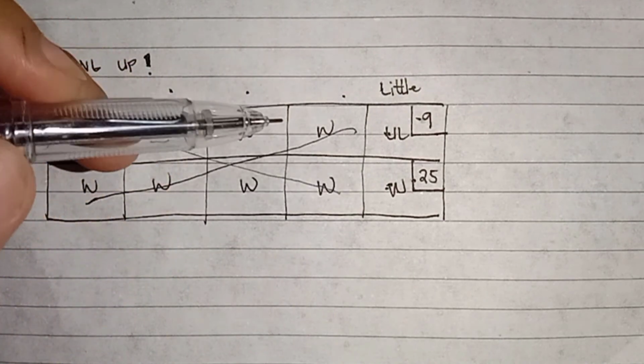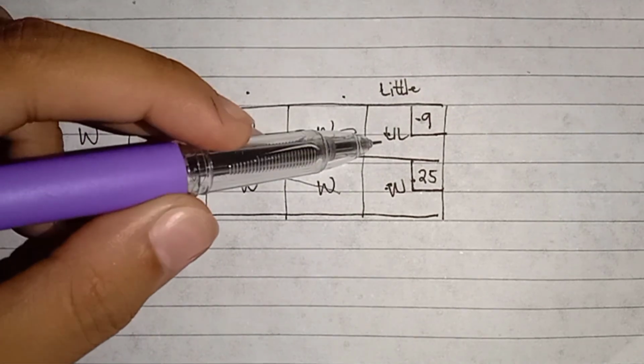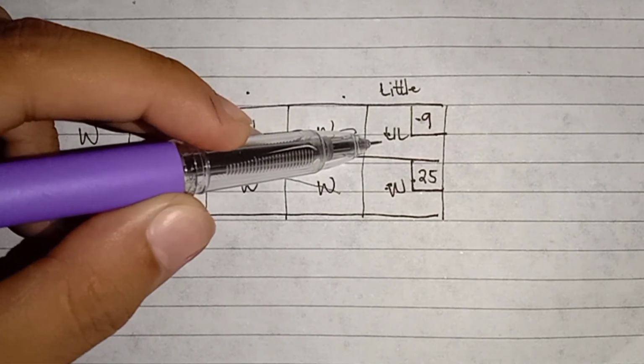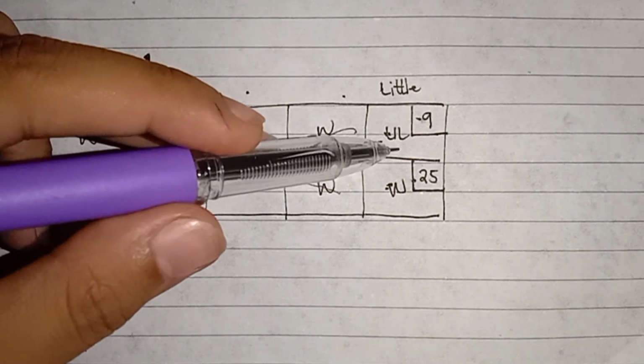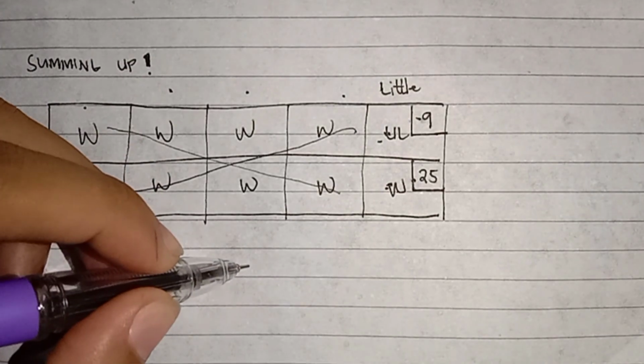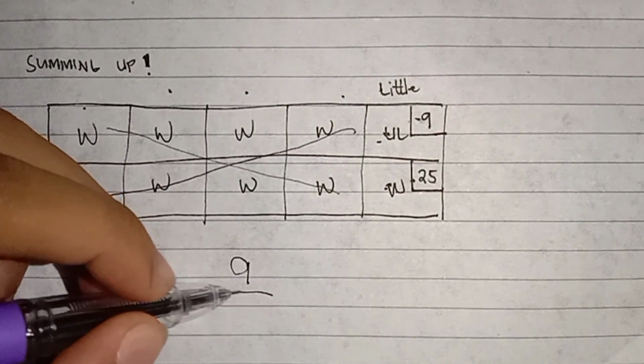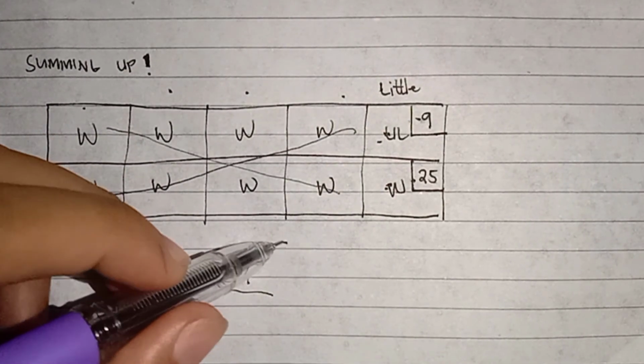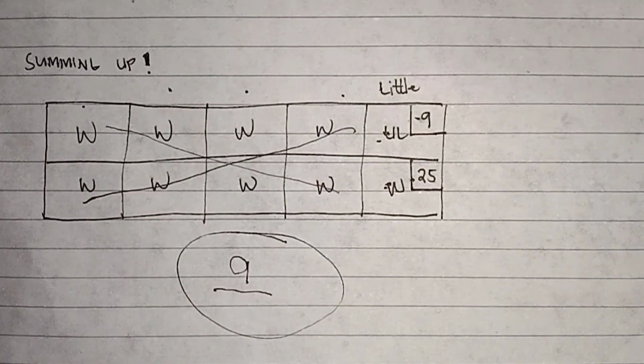Therefore, our numerator is the ulnar loop because it has the least ridge count. So, this is now our final classification.